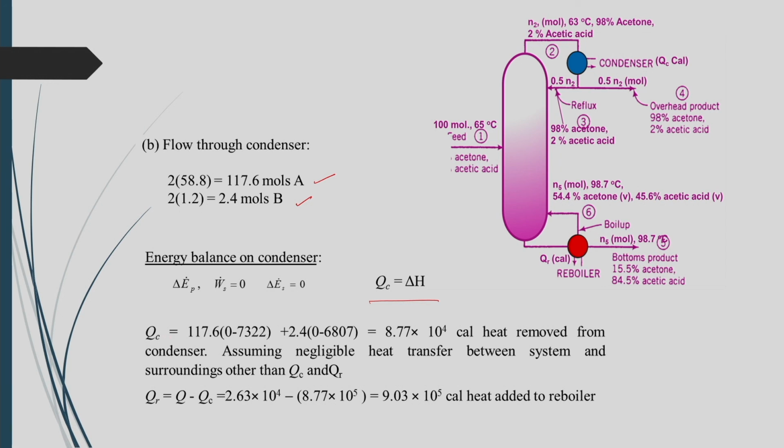Now, accordingly, if you substitute that value of enthalpy there, you can get this enthalpy change as 8.77 into 10 to the power 4 calorie, that will be heat removed from the condenser.